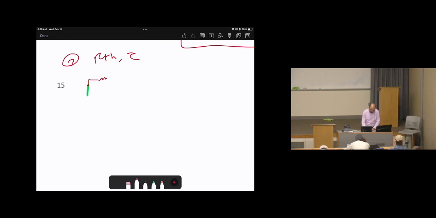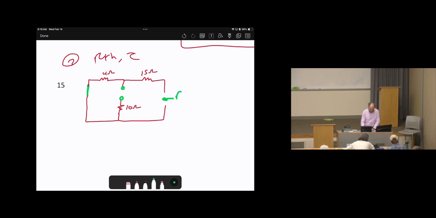Then we have the 4 ohms resistor. After that, the final switch status is open. Here is the 10 ohms resistor. Then here is the 15 ohms resistor. Then we need to calculate R Thevenin across the inductor terminals.